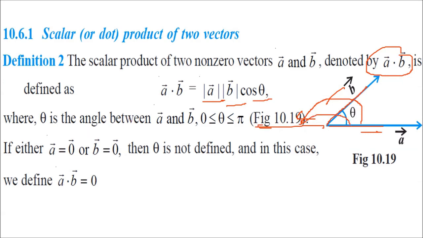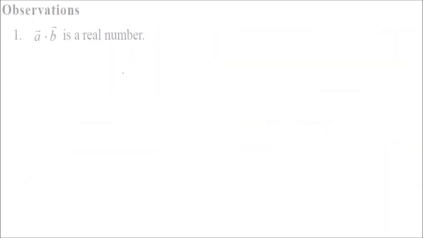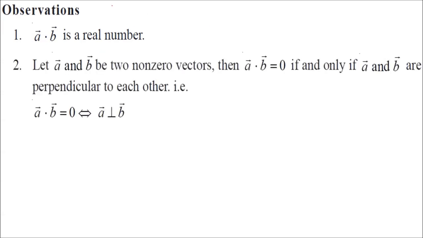And if either of these is 0, then because the angle is not defined, we don't take it. So A dot B is a real number, because A is by itself a vector and B is a vector, so A dot B is a real number.